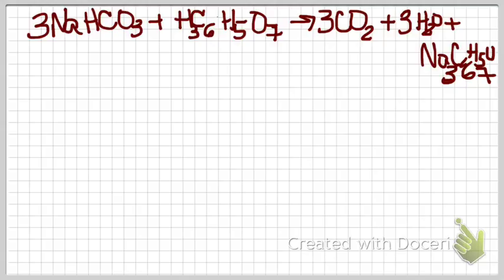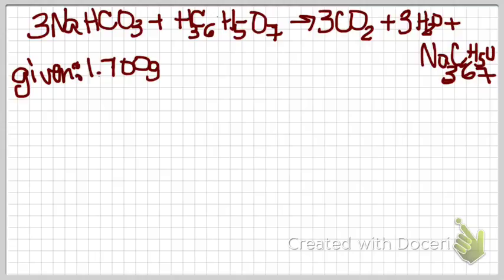Now, it says that a single Alka-Seltzer tablet contains 1.70 grams of sodium bicarbonate. So that's exactly what I'm going to do. I'm going to find out which one of these I'm going to run out of. I'm going to do that by saying, okay, let's say that I had 1.70 grams of sodium bicarbonate.